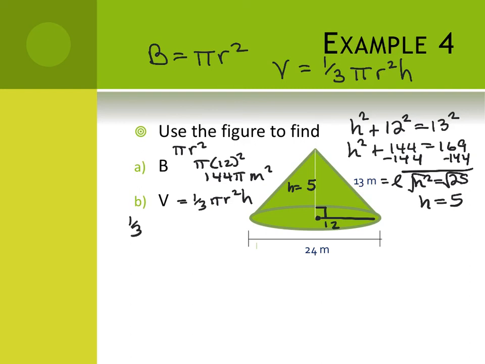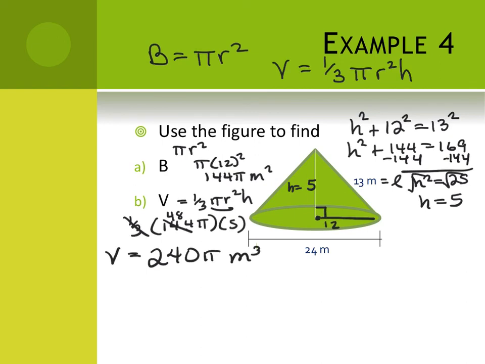Now I've already done the pi r squared, so I can just put in 144 pi times the height, which is 5. 144 is divisible by 3. It goes in here 48 times, and then 48 times 5 is 240 pi meters cubed. That is the volume of that cone.